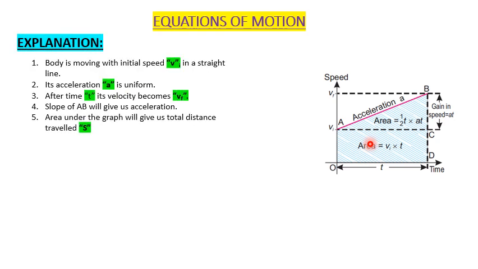In this graph, the body is moving with initial velocity Vi, and after some acceleration it has reached final velocity Vf during time t. And if we want to find out the slope, it will give us acceleration of the body, and the area under this graph will give us the total distance traveled by the body. We will use this graph to find out the equations of motion.